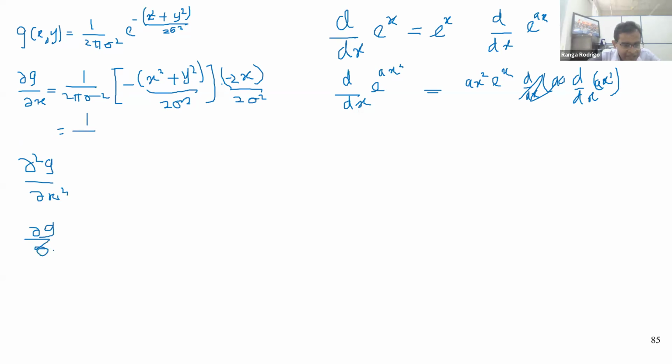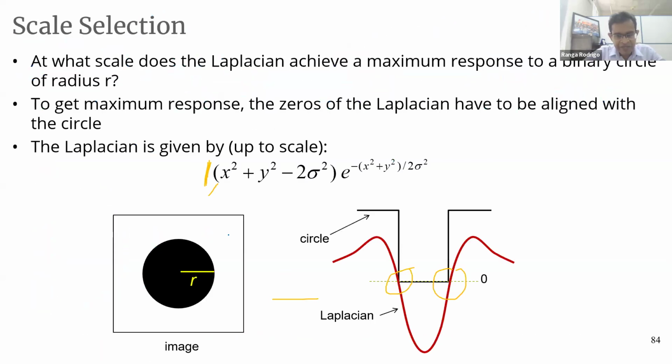By symmetry, you can get that without a problem. And del squared g by del y squared. And this you have to just add and equate to 0. Then you will get this formula. This one.